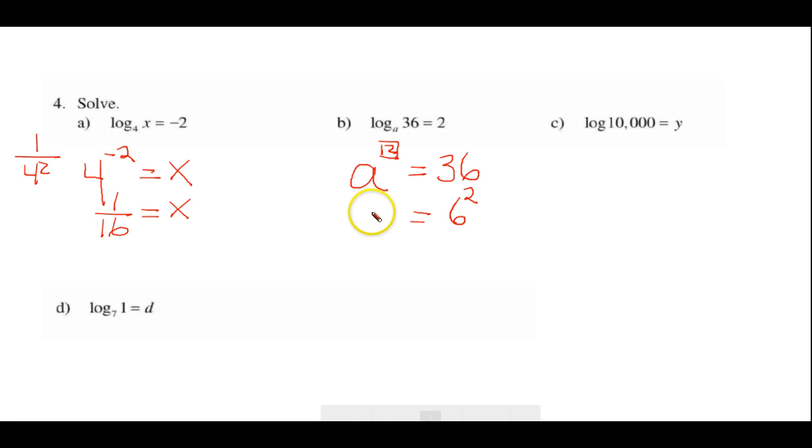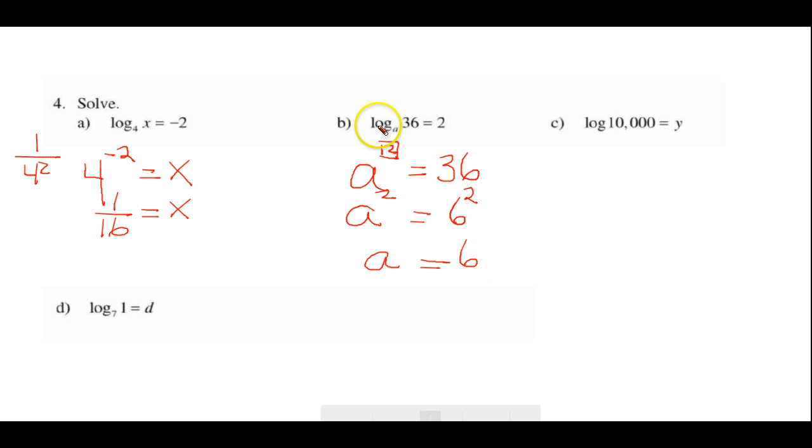So now we have a to the second power. Since our exponents are now the same, our bases have to equal each other. So a here is equal to 6.